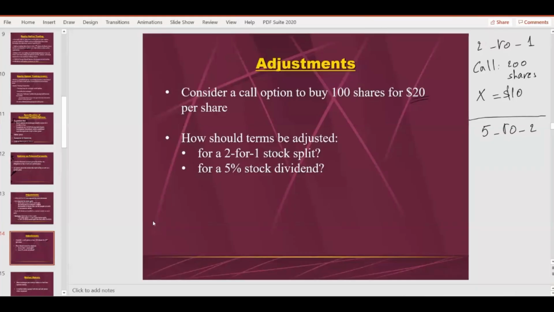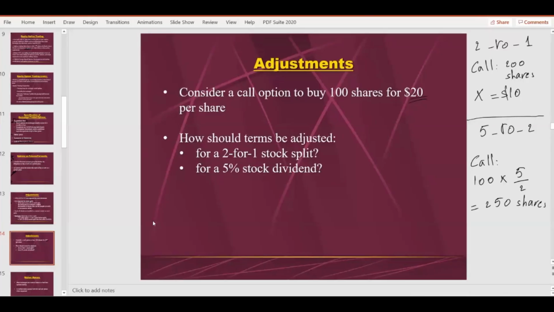So in this case, the call covers 100 shares times 5 divided by 2, so 250 shares. The strike price X is equal to 20 times 2 divided by 5, which equals 8.